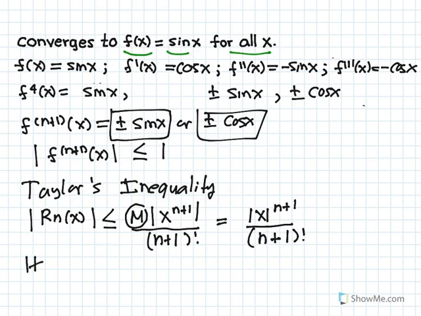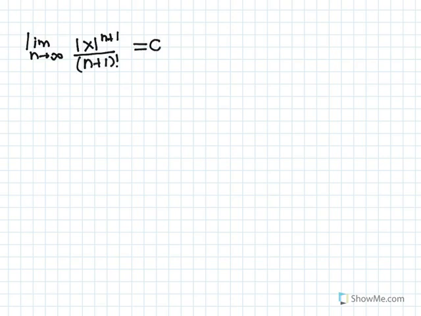Now, holding x fixed and taking the limit as n approaches infinity, we will see that the limit as n approaches infinity of absolute value of x to the power of n plus 1 divided by n plus 1 factorial is equal to 0.